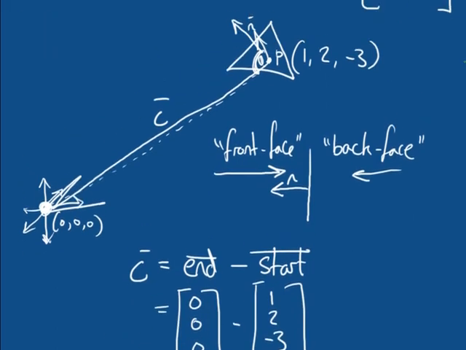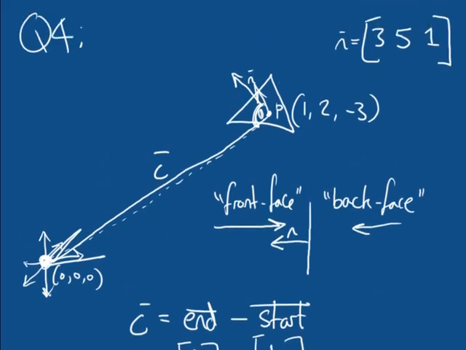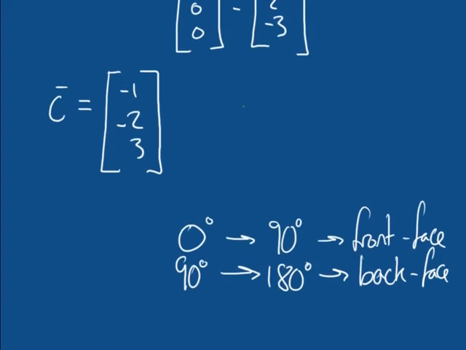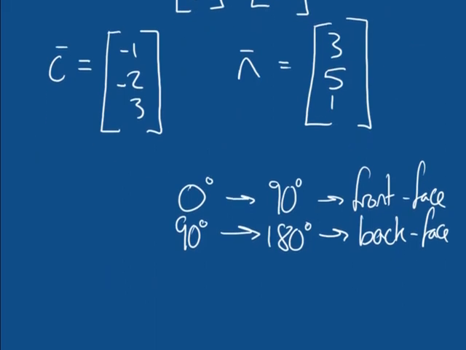So we've got our vector c, and we've also got our normal vector n, and we said our normal vector n is 3, 5, 1. What I want to do is find the angle between these two vectors, and we've seen how to do that using our dot product.